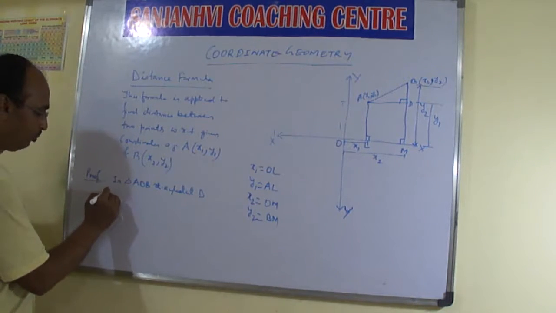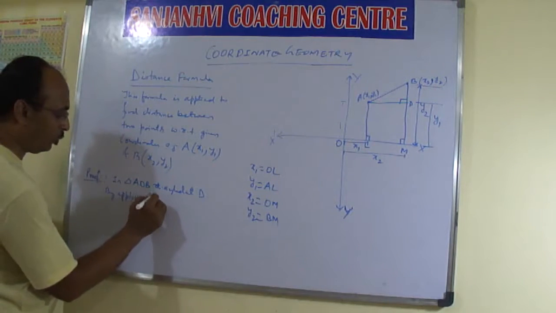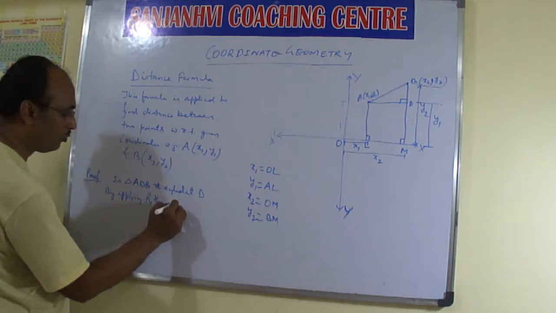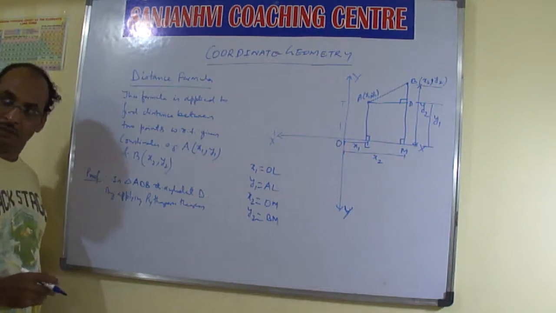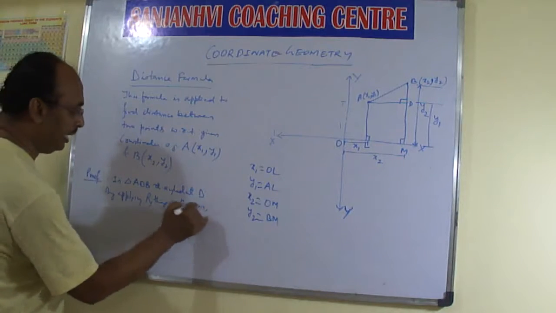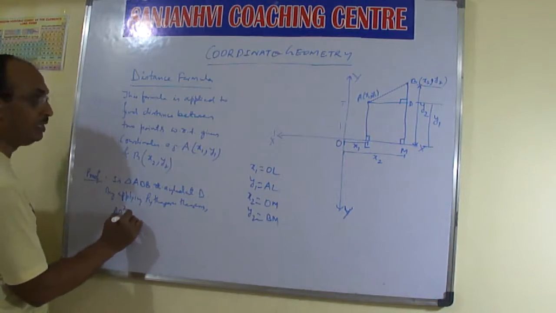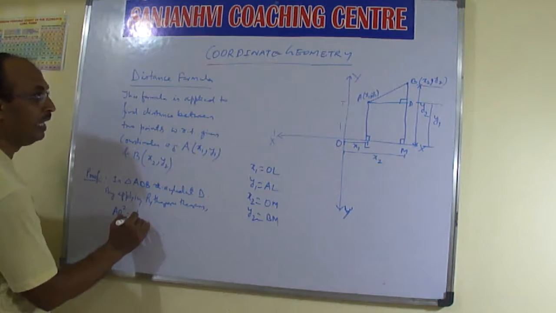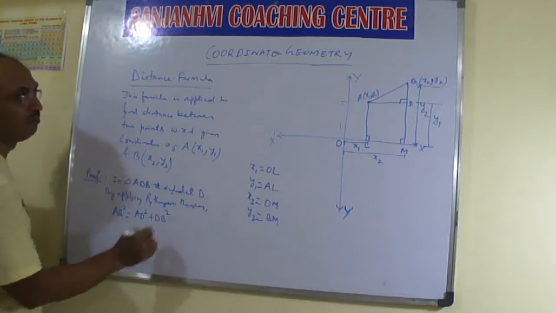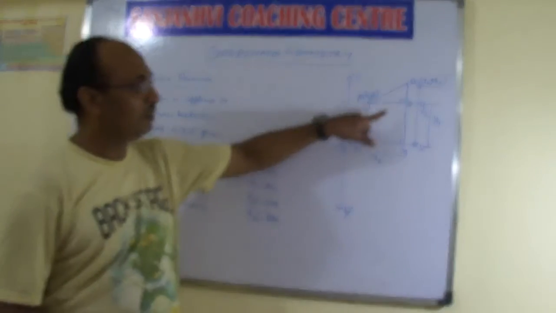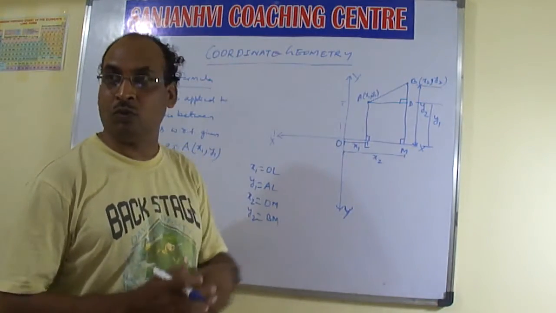By applying Pythagoras theorem in this triangle, we can say that AB square is equal to AD square plus DB square.